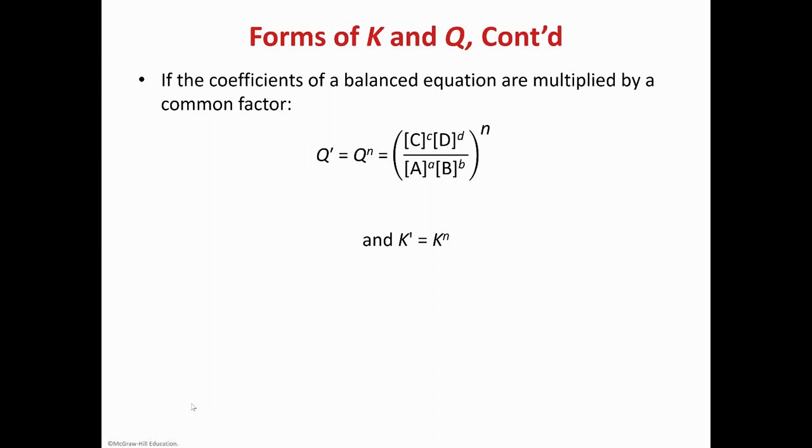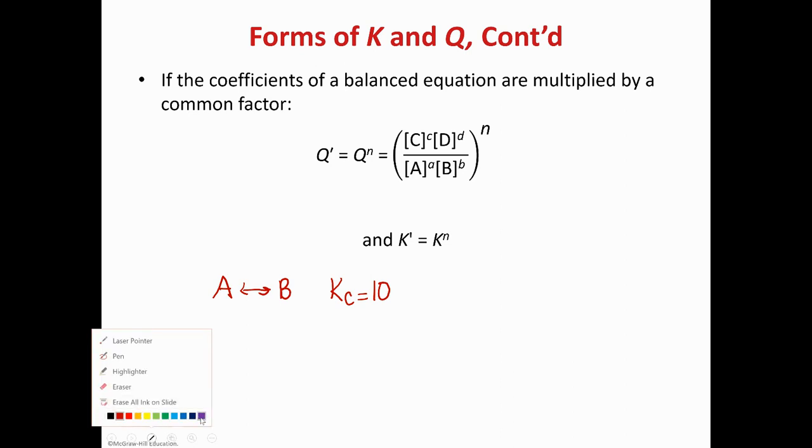If we have an equation where the balanced equation is multiplied by a factor, so let's take our simple one again. A to B, we'll say KC equals 10. Now let's just say that the coefficients were doubled. You know, here's a 2 and 2, right? Same reaction so that we can't change the ratio. What would KC be if I did that?